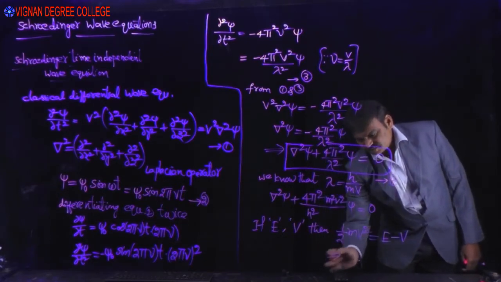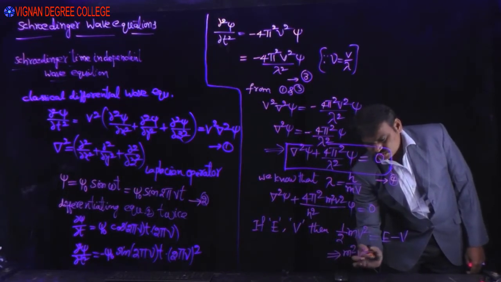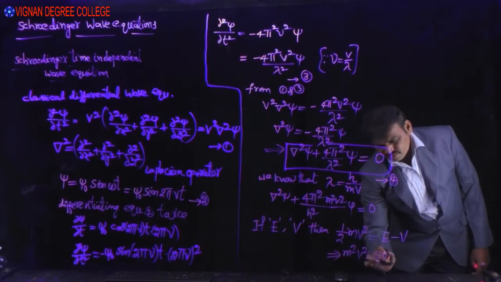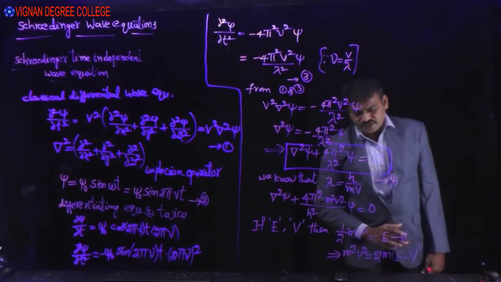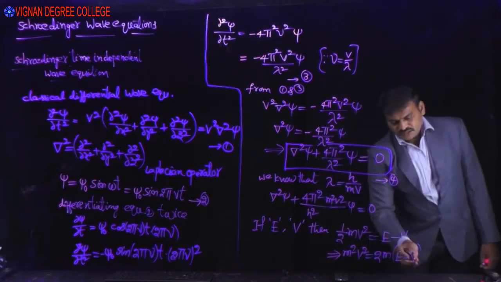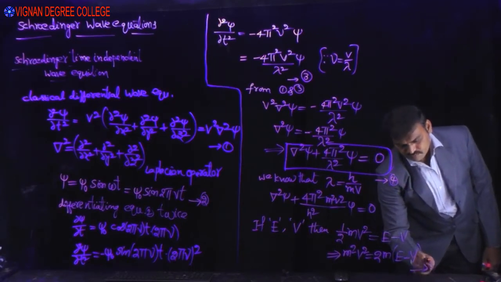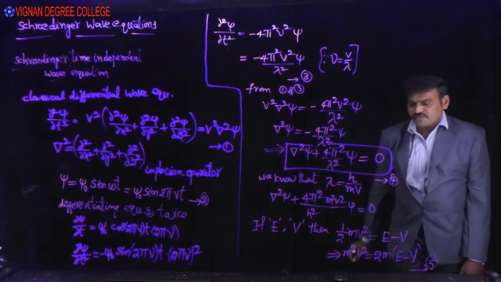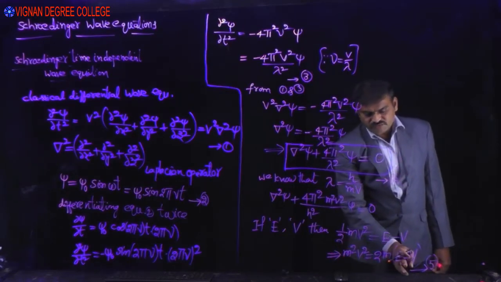From this, m square v square is equal to 2m of E minus V. Let us suppose this is equation number 5.